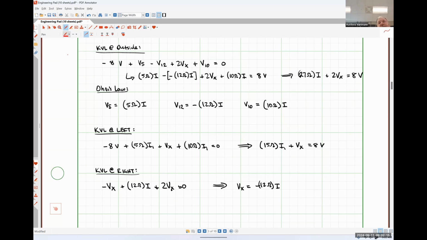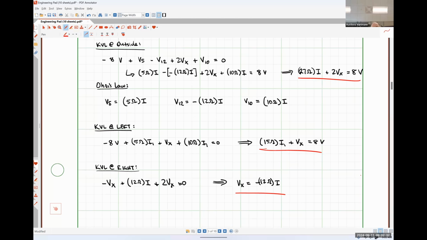We have now, because we did the work, 3 equations and only 2 unknowns. So realistically, we only need 2 of those things to solve our whole system. Okay.